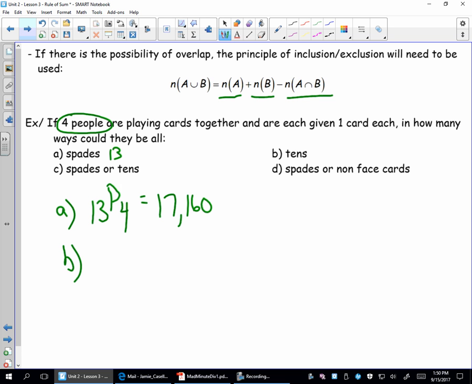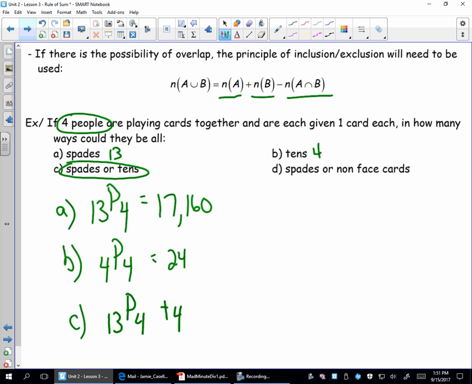What about tens? How many ways can you give out tens? Well, there's 4 tens in a deck. I need to give out 4 cards. So 4P4. In other words, there's 24 of them. How about spades or tens? Oh, here's where that overlap comes in. Because there's some spades that are tens. So if I do spades or tens, I'm going to have to do the spades, 13P4, plus the tens, 4P4, minus the ones that are spades and tens.